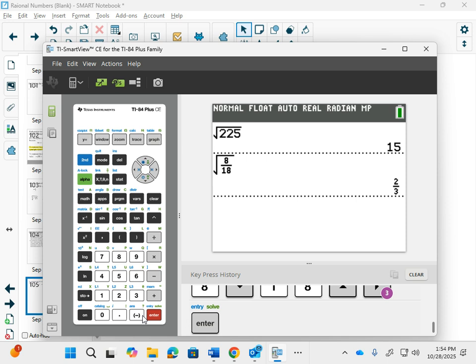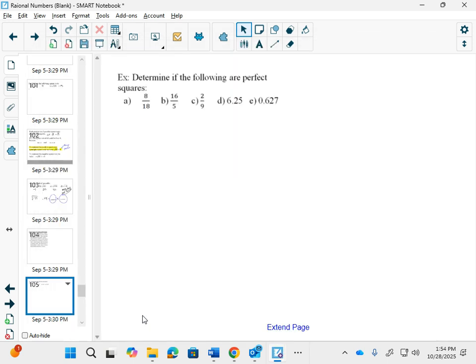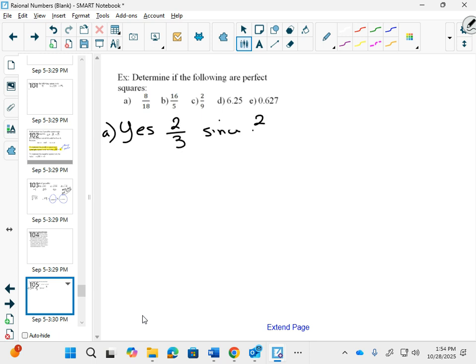So I go back to my notes and I write under A, yes, 2 over 3. Since I can show my work, 2 over 3 times 2 over 3 equals, how do you multiply fractions? Multiply the tops, 4, multiply the bottoms, 9.